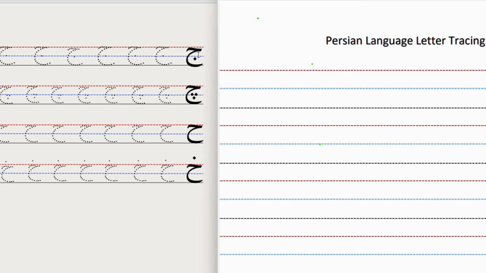Okay, the first one is J. Let's take a look here. It must be below the baseline, the red line here. You start here with a small curve. Then you continue like this and then like this. So that is one dot in the middle.